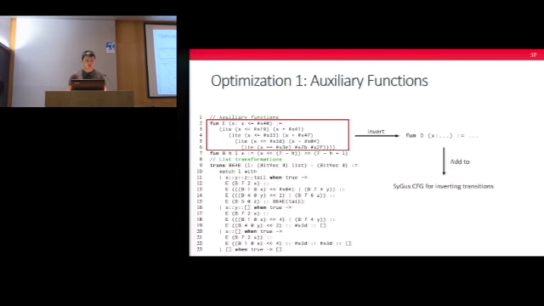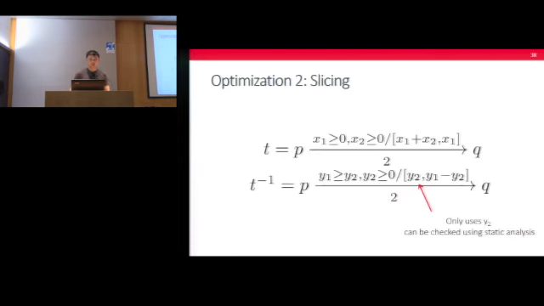And besides, an auxiliary function may be used in more than one place. For example, here the auxiliary function E is used in 9 places, and if we don't invert it in advance, we need to invert it 9 times in the SyGuS problems. The second optimization is based on the observation that we might not need all output characters to recover a single input character.